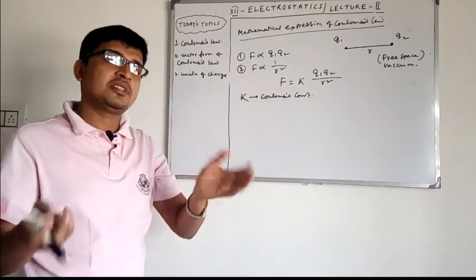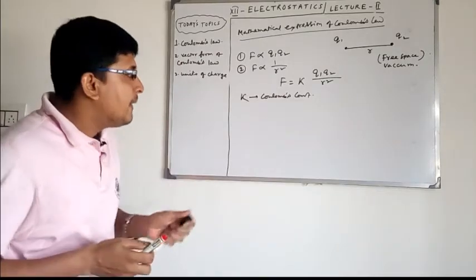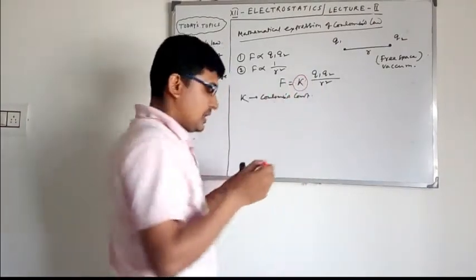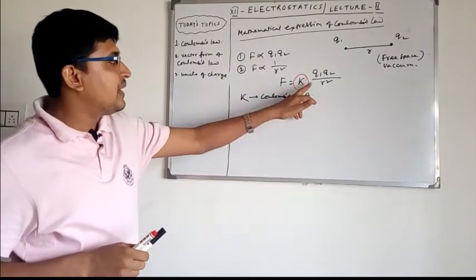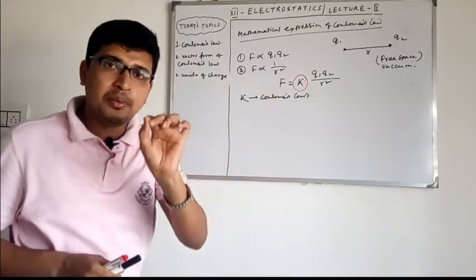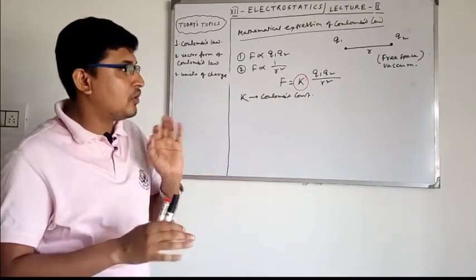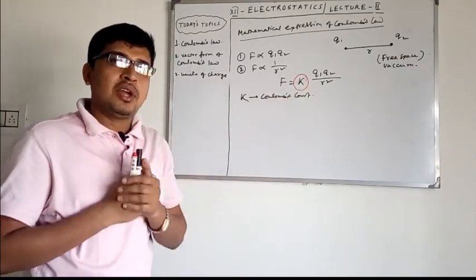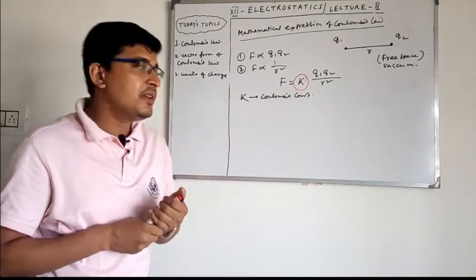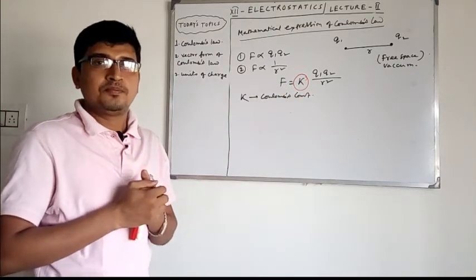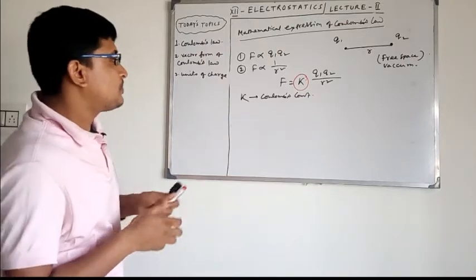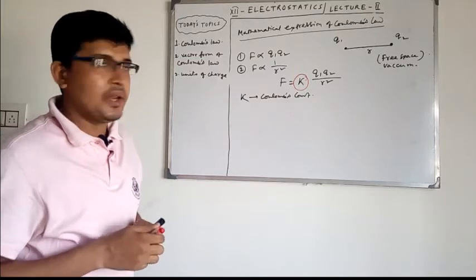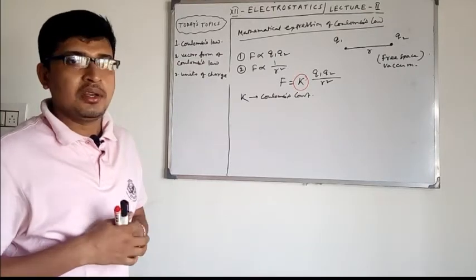It has a specific dimension and units, and the value of K depends on the medium. अगर हम लोग मीडियम चेंज करते जाएंगे सो दिस क्वांटिटी का वैल्यू चेंज होगा. It depends on the medium. ओके, सो दिस इज द Coulomb's कांस्टेंट एंड इट डिपेंड्स ऑन द मीडियम.